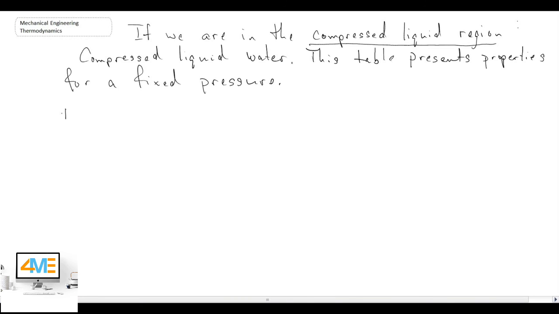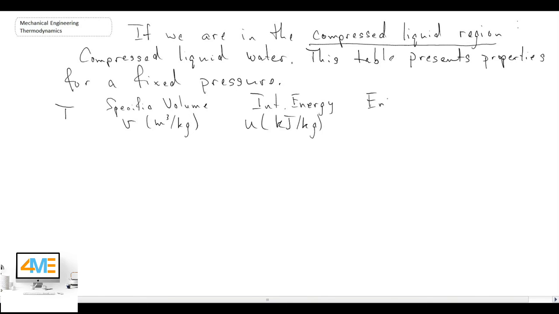And when you look in the table, you'll see temperature, specific volume, and that will be denoted by little v, units there are meters cubed per kilogram. Internal energy, and that's little u, and that is kilojoules per kilogram.